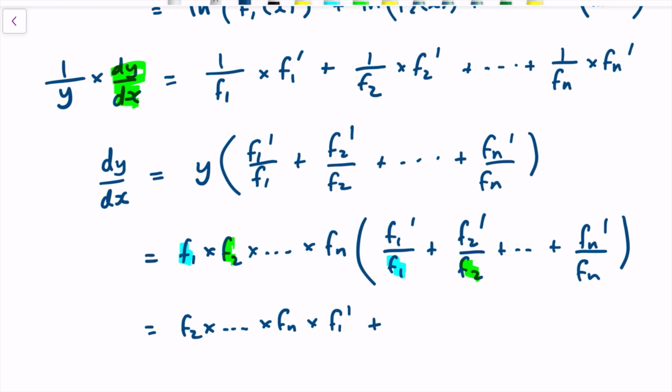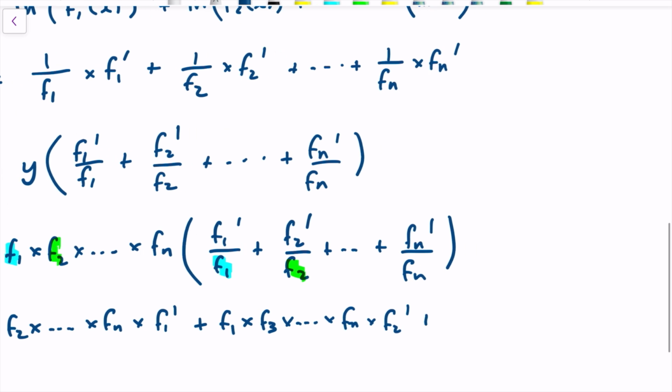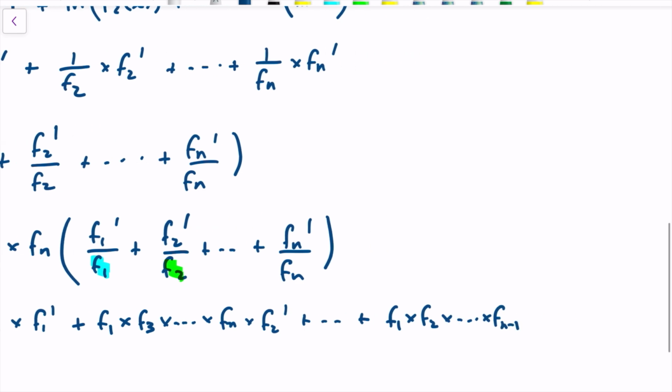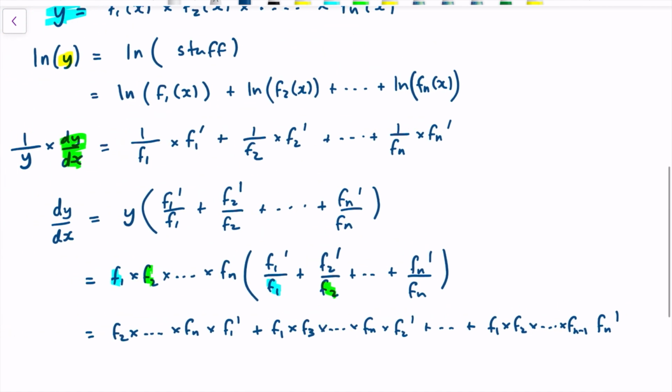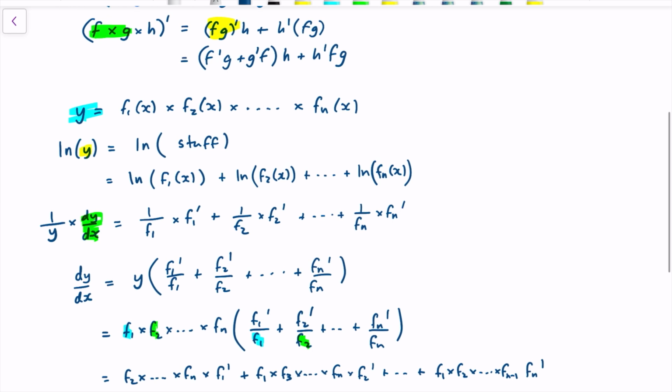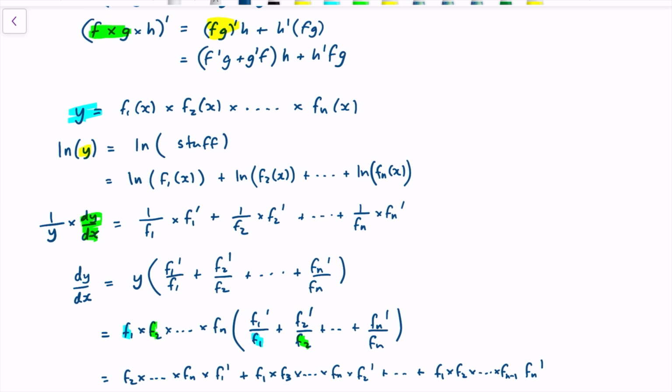The next term there'd be no f2, so we'd have f1 times f3 all the way up to fn, times f2 dash. And then the last term, the fn's would cancel, so we'd have f1 times f2 all the way up to fn minus 1 times fn dash. And the reason I did that is I wanted to show you the parallel to the stuff we started with if we had three functions.